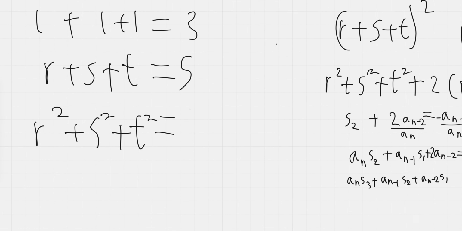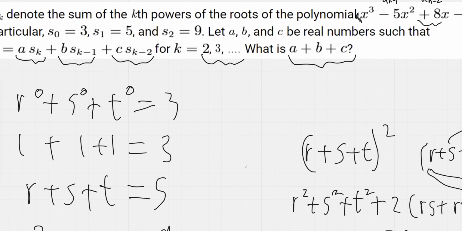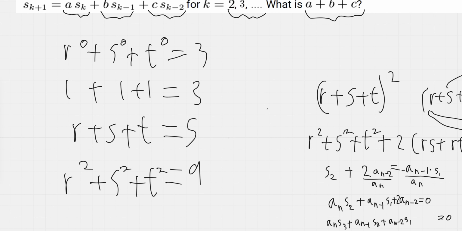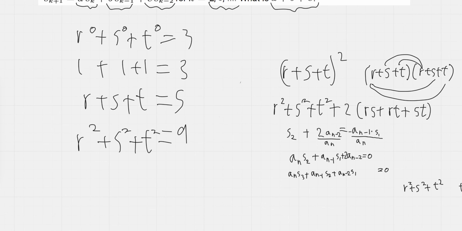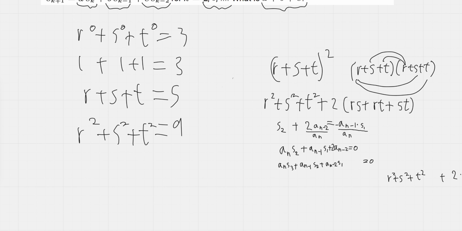So we're already given that this is 9. Let a, b, c be real numbers such that s sub k plus 1 equals a. Okay, so let's write this in terms of a Newton sum.